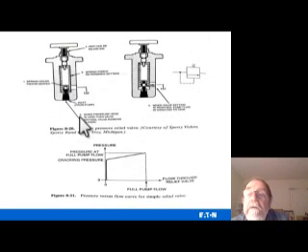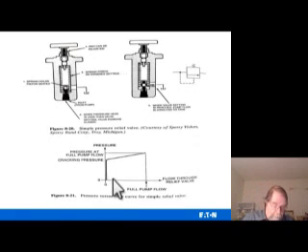Okay, so here's a little drawing. This is in your book also, figure 831. And there's a formula that we're going to go over that talks about this cracking pressure. I wouldn't be too concerned about it. What I want you to do is be familiar with it so you understand what that is and how it works.